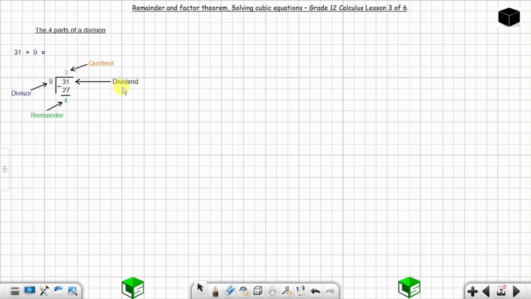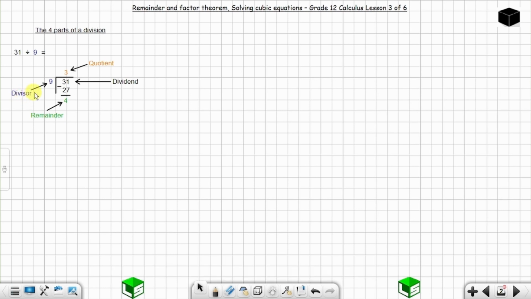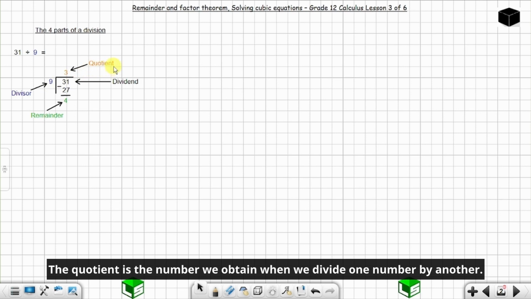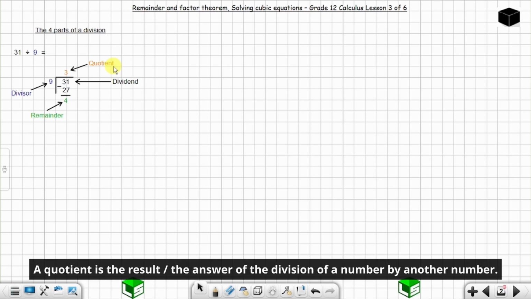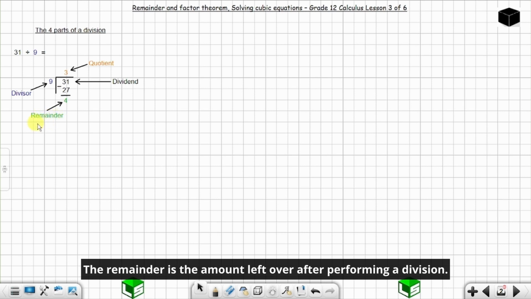The divisor is a number which divides another number. In this case, 9 divides 31. The quotient is the number we obtain when we divide one number by another, or the result of the division. And the remainder is the amount left over after performing a division.